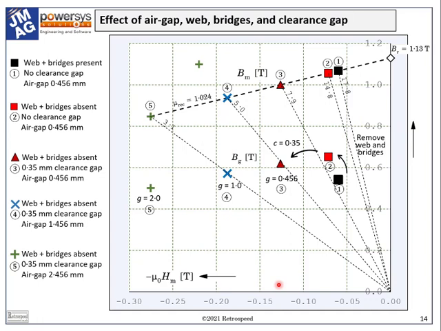Why the magnet producers don't use these units, I don't know. They persist in using kilogauss on the axis of induction and Oersteds or amperes per meter on the axis of magnetizing force. But at least these units show the recoil line close to 45 degrees, which makes sense to a machine designer.